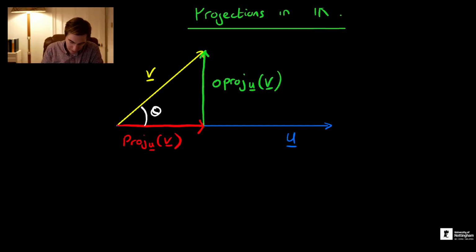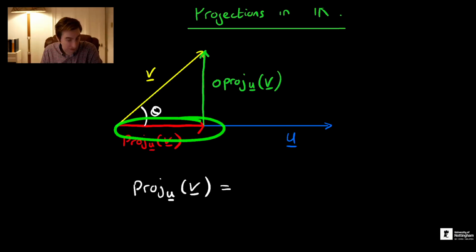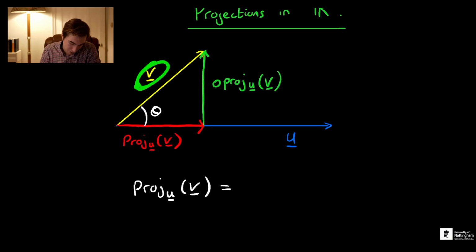Then we can realize that this projection vector here, so let's write the projection of v onto u, is going to be whatever the length of this vector is, and we can figure out the length of this vector by using some trigonometry, it's going to be the norm of v, the length of this one, times cosine of theta.